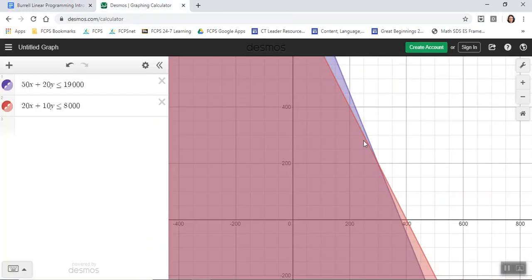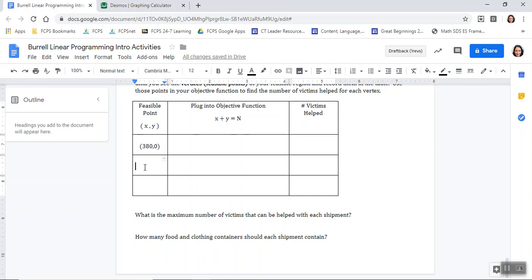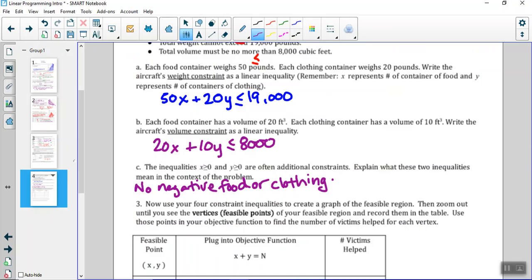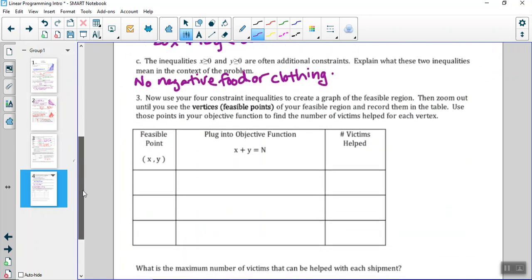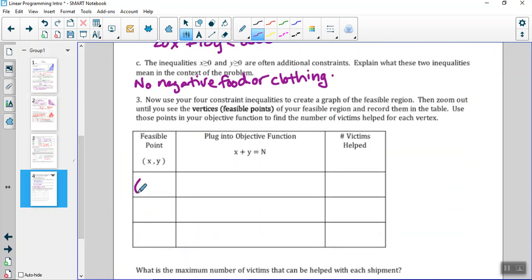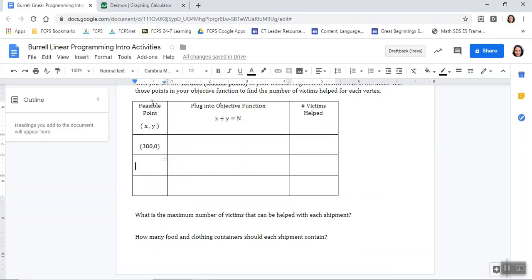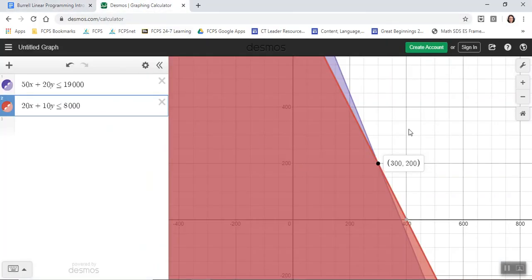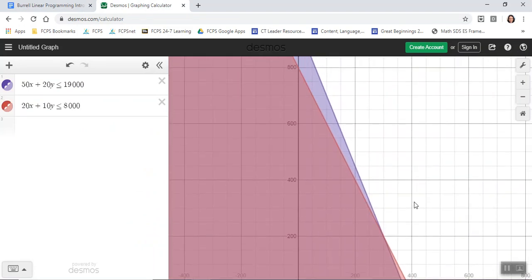Alright, and then I had one here, which was 300, 200. I was supposed to actually put them in here, wasn't I? Alright, so we said that was 380, 0, 300, 200. And then let's look at the last one. It's up here. 0, 800.